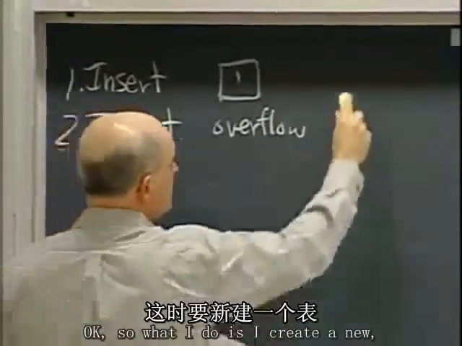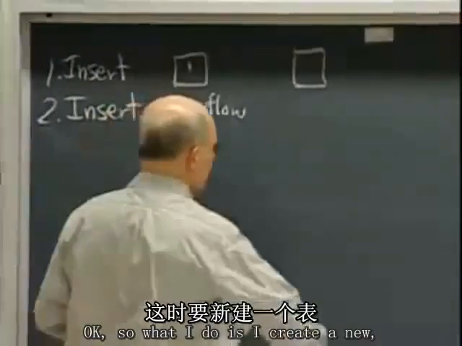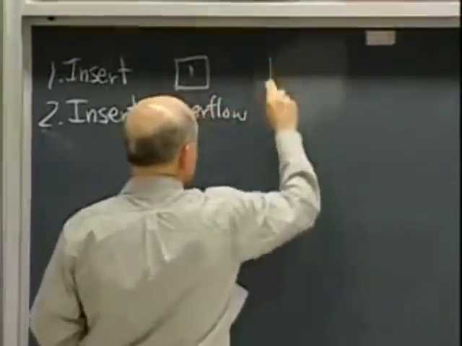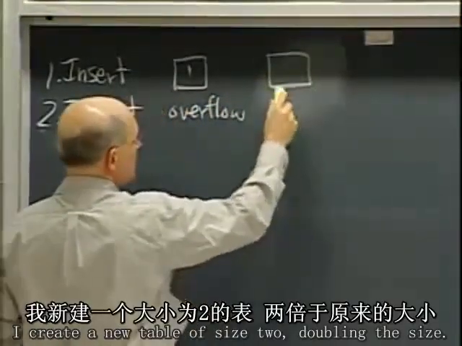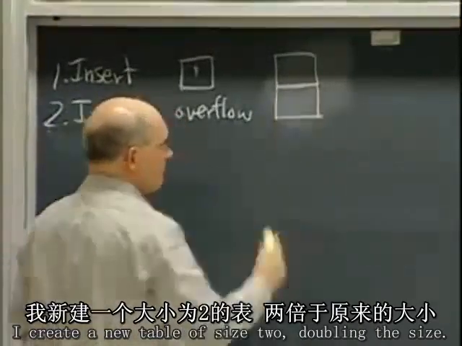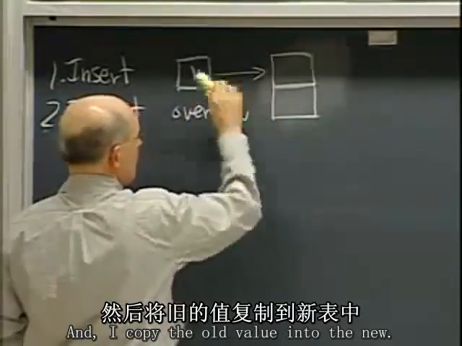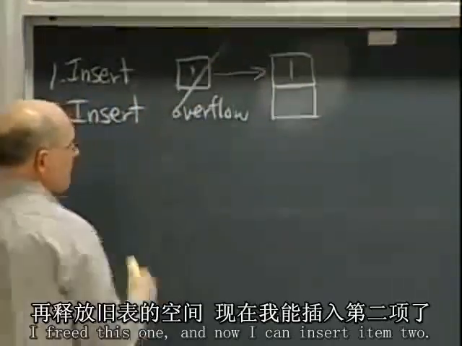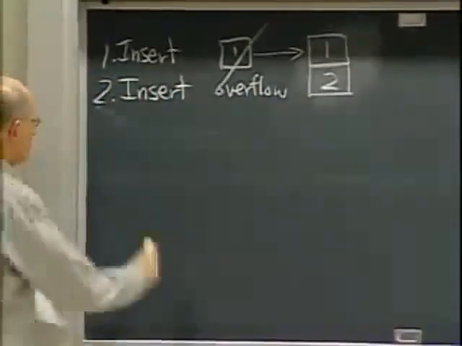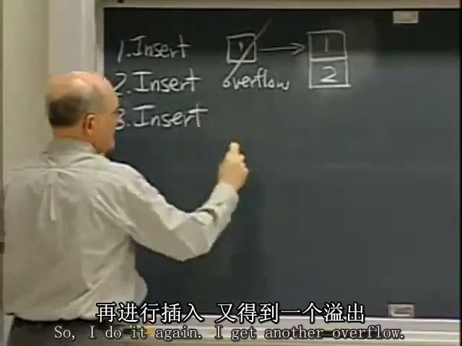Okay, so what I do is I create a new table of size 2, doubling the size. And I copy the old value into the new. I free this one, and now I can insert item 2. So I do it again, get another overflow.